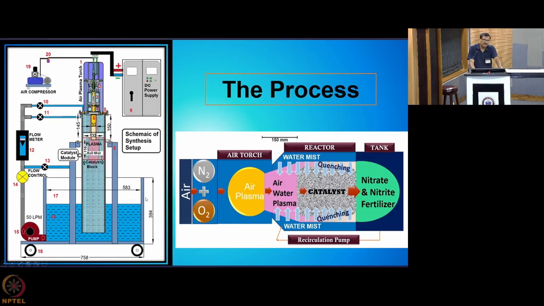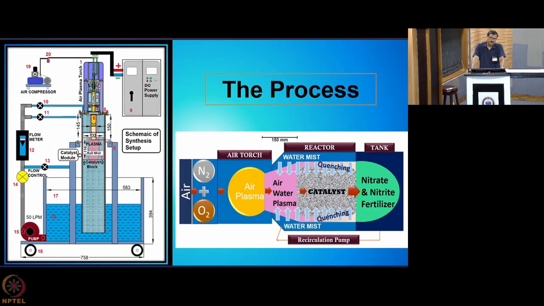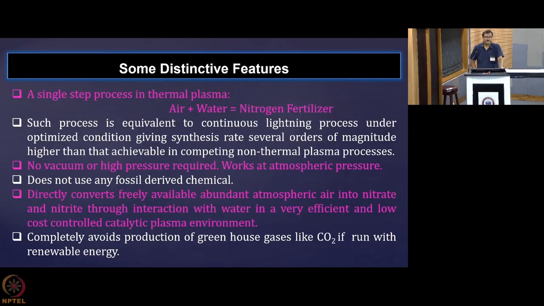In around 20 minutes, it gives nitrate suitable for one-time application in 1 acre of land, and the effort is there to reduce the cost of application and the energy consumption. So this is the way.